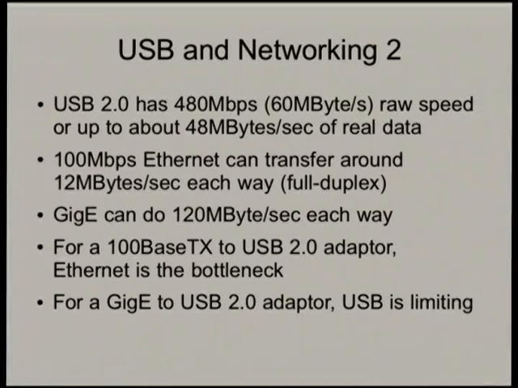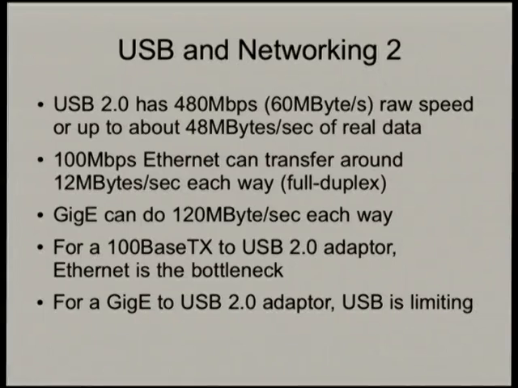That's 60 megabytes per second raw. In theory, if you really work hard, you can possibly get 48 megabytes per second of real data across a single USB 2 channel if nothing else is there and everything's optimised to max.